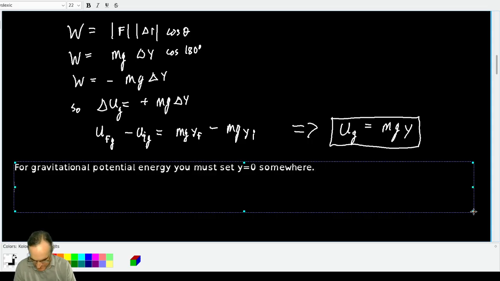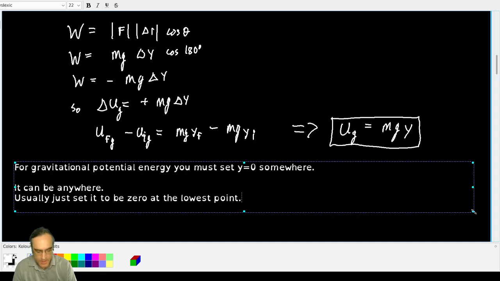There aren't really particular rules. It can be anywhere. Because it can be anywhere, we usually just set it to be 0 at the lowest point. Because that's simple. You can have your axes reversed and have down be positive and up be negative.